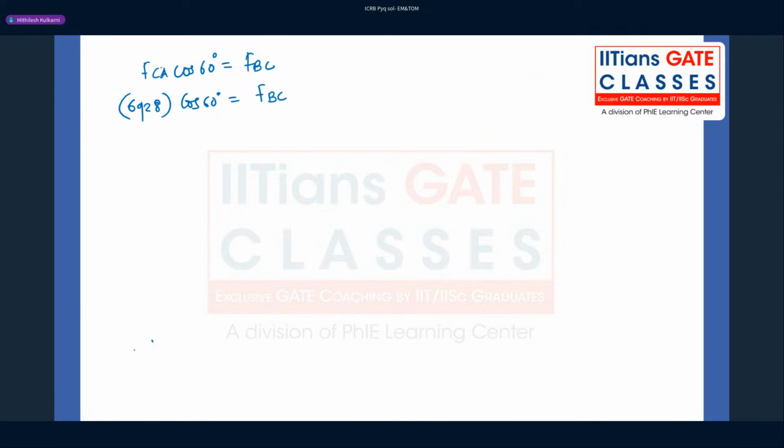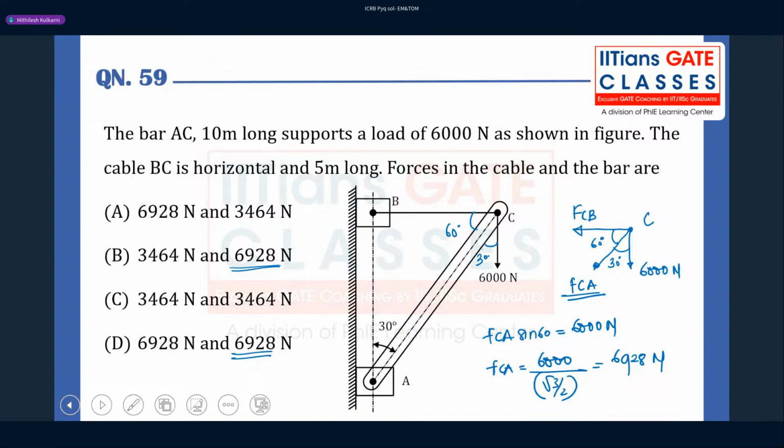Cos 60 degrees is 1 by 2. So FCB is 3464 Newton. Hence the correct option in this case is option B.